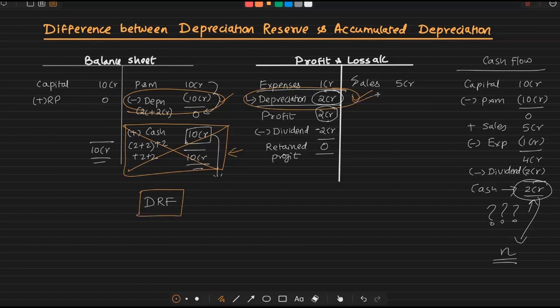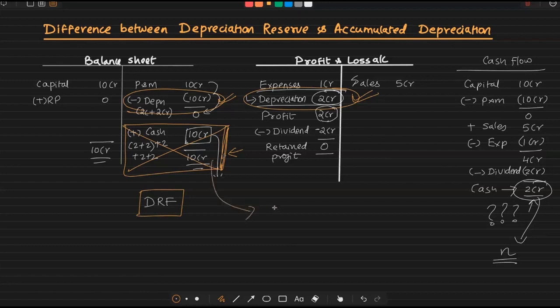They will debit P&L on one side, and on the other side, instead of calling it accumulated depreciation, they will call it depreciation reserve. Whatever cash they set aside by debiting depreciation, they will not simply keep it as cash.